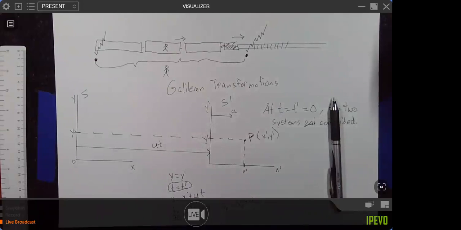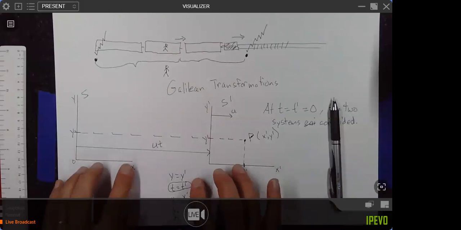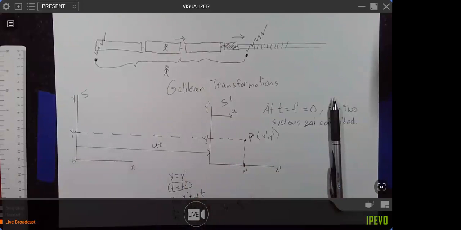And tomorrow it'll let us look at relative velocities when we start talking about relativistic speeds.